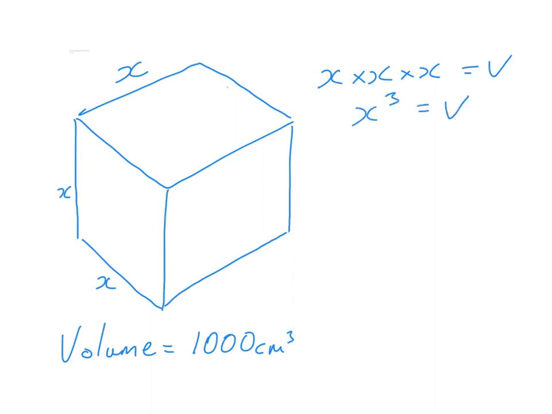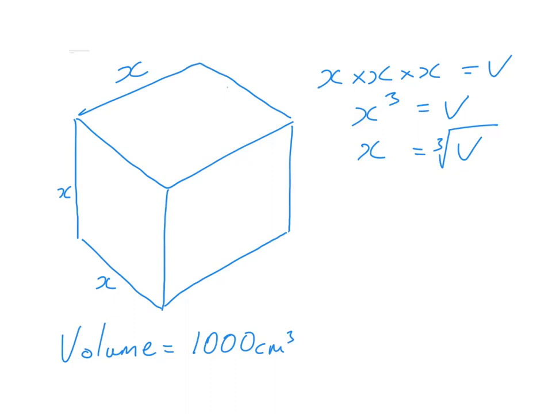So if we want to find what x is, the cubed needs to be taken across the equal sign. So x equals volume. And when we take the cubed across the equal sign, it becomes a cubed root. And you can get that on your calculator.